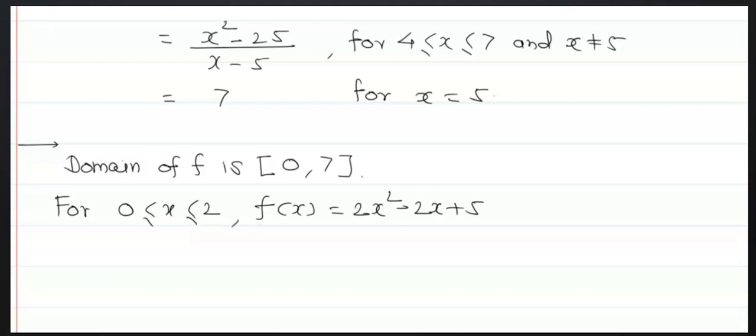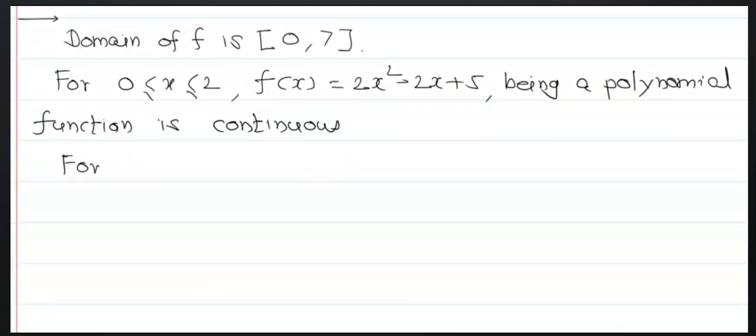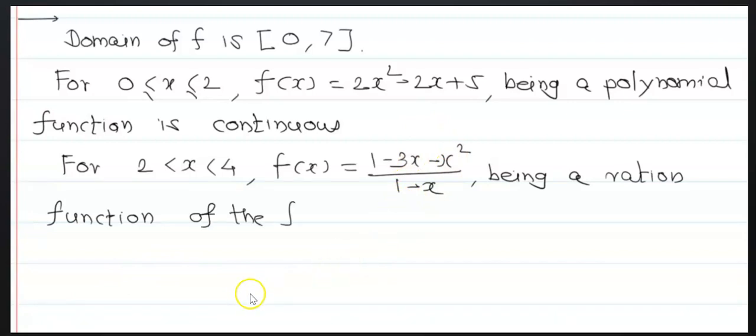For x lying between 0 and 2, f of x is equal to 2x squared minus 2x plus 5. Being a polynomial function, it is continuous. And for the next interval, 2 to 4, again it is a rational function of the form p of x upon q of x.